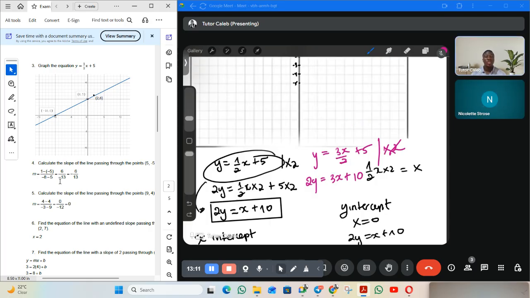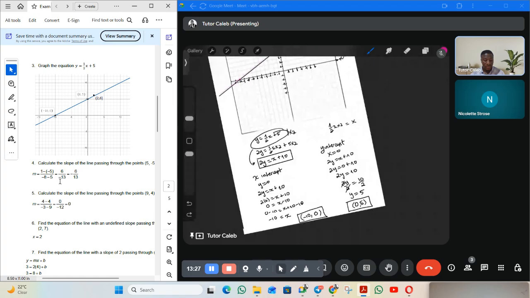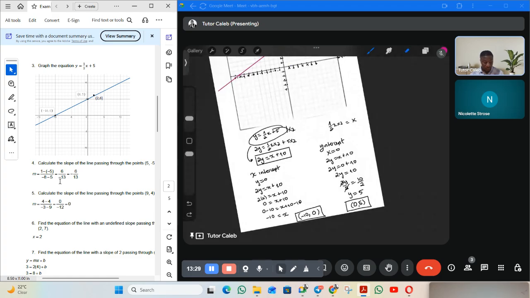Yesterday, I told you that one apple is the same thing as an apple. Do you agree? Yeah. When you say one apple, it's the same thing as saying an apple. So when you say 1x or x, it's the same thing. But an apple is different from two apples. That's why you need to write two.